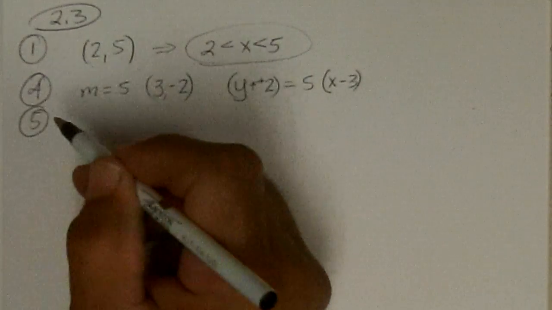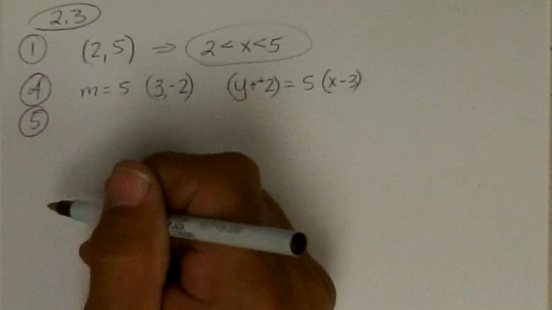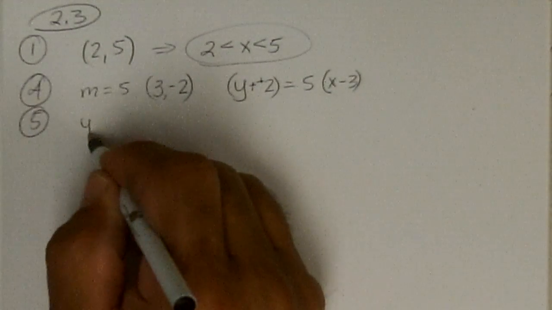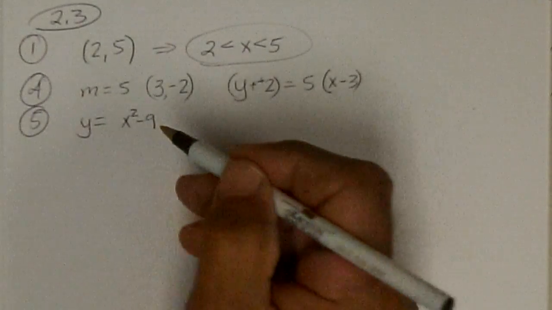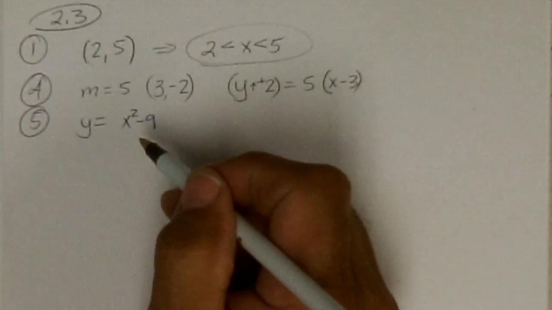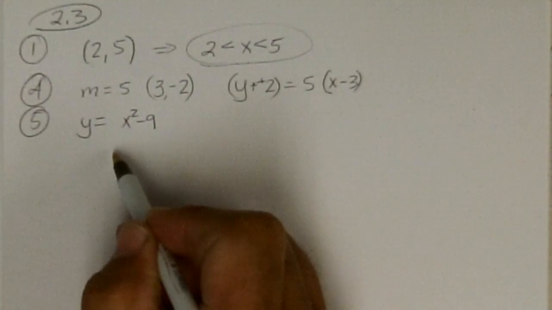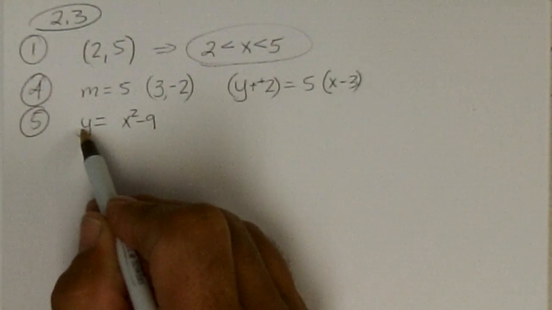5. The intercepts of the equation y equals x squared minus 9 are. So if we want the x-intercepts, we let y be 0.